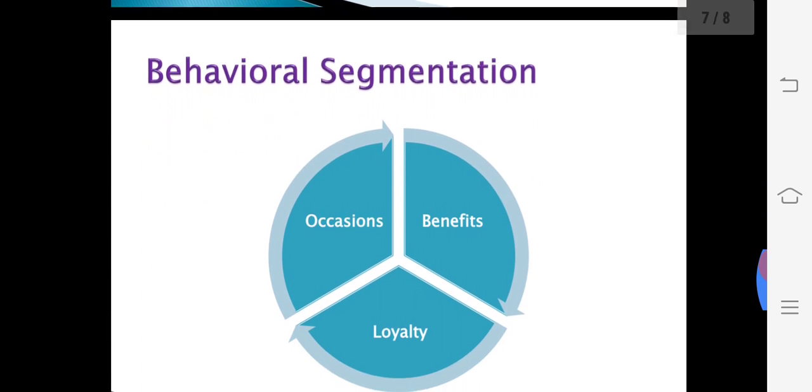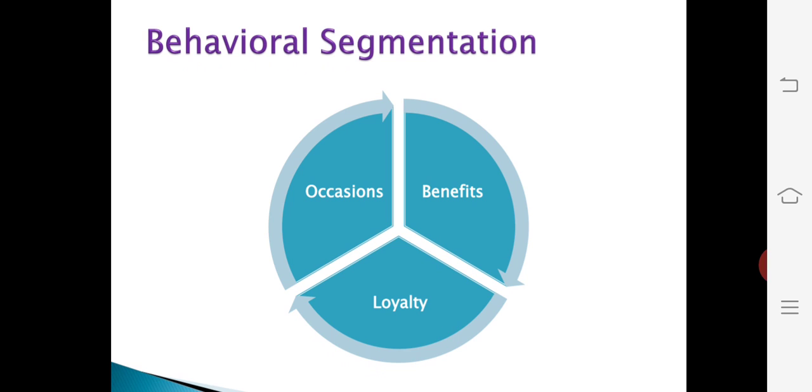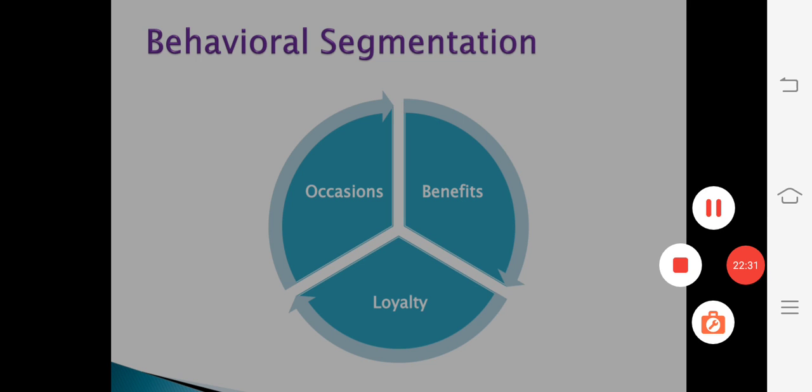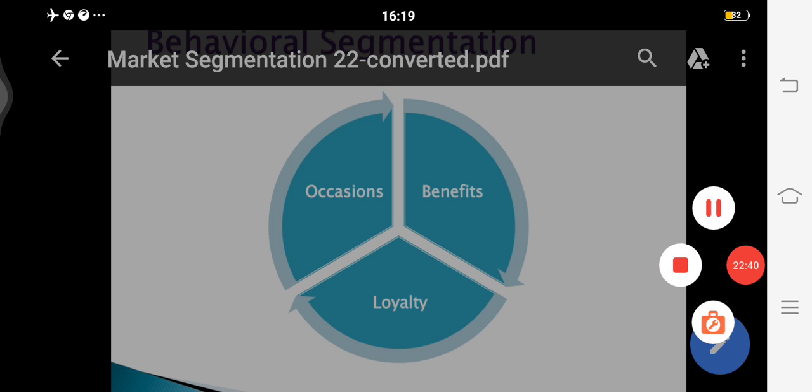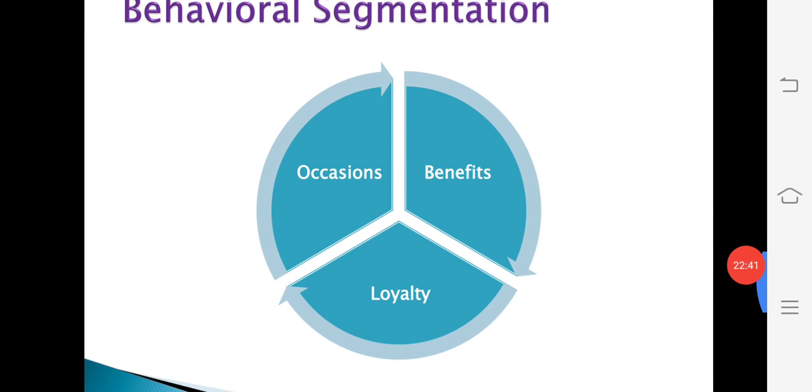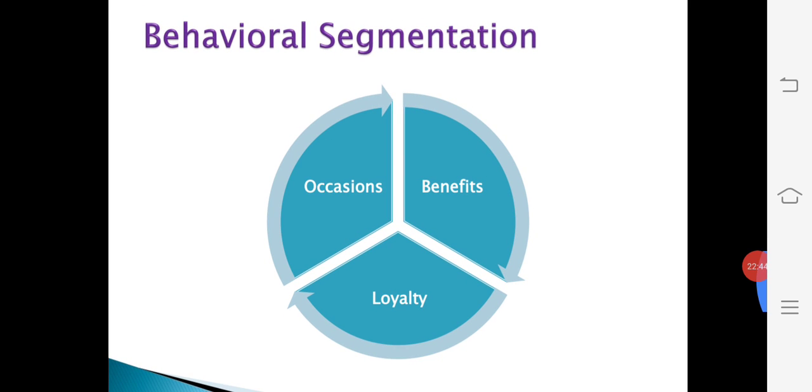Now we are moving to the last basis of segmentation, that is behavioral segmentation. Behavioral segmentation means the behavior of the consumers, and depending upon that, the market may be divided. Occasionally, people may have different kinds of needs or wants. For example, your dressing style whenever you visit an office will be different from when you visit a wedding party, and different again when you go out for fun with your friends.